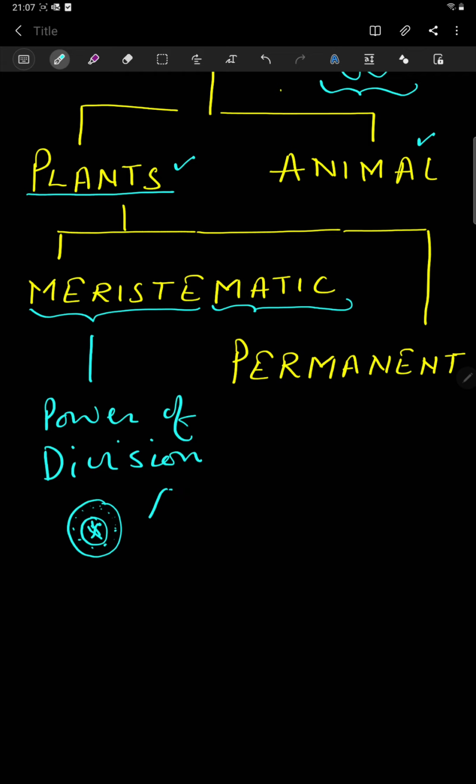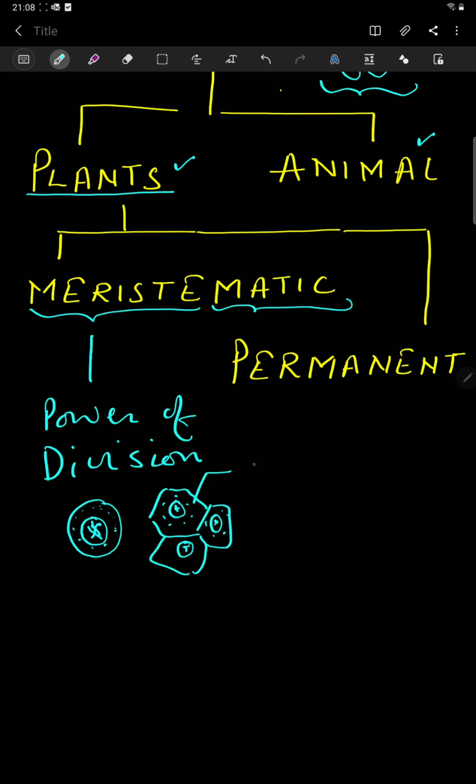That means cell number 1, cell number 2, cell number 3, with a prominent, big-sized nucleus, without vacuole, and of course the cytoplasm is dense.